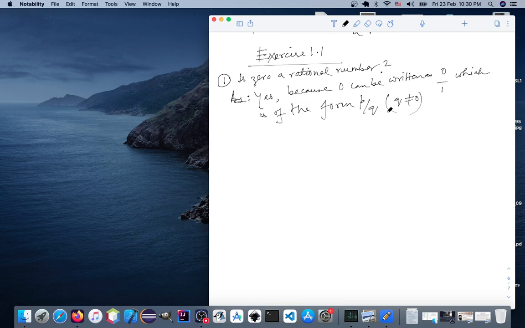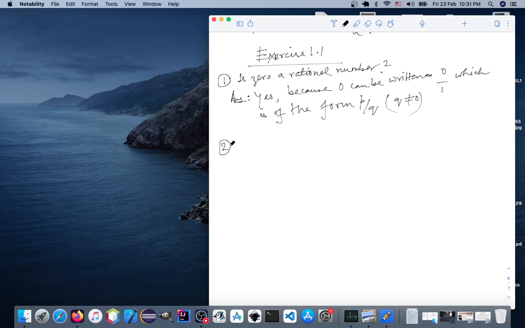So definitely 0 is a rational number. 0 is definitely an integer, and in every integer we can have 1 as the denominator. So it is of the form p by q where q is not equal to 0. So 0 is a rational number.